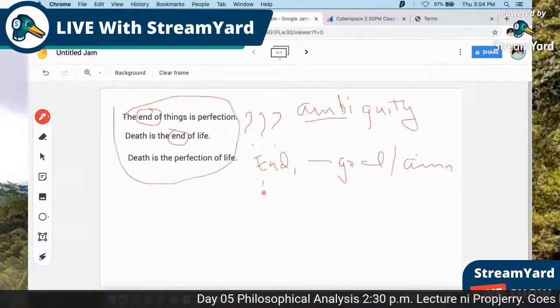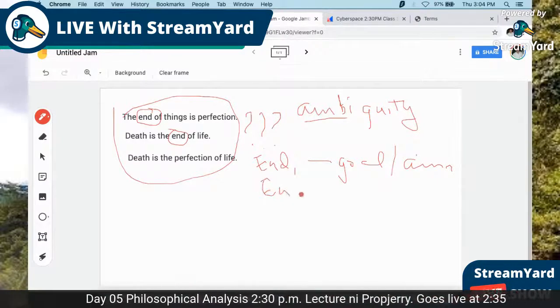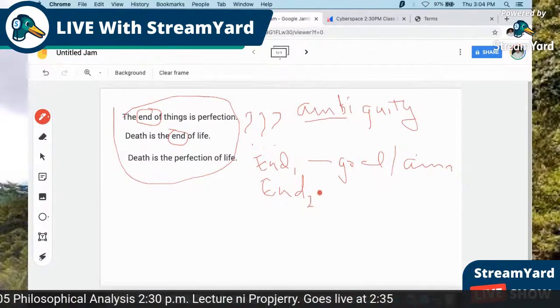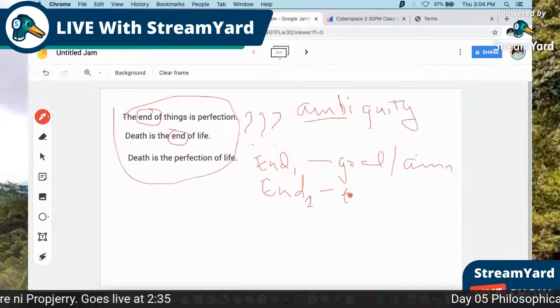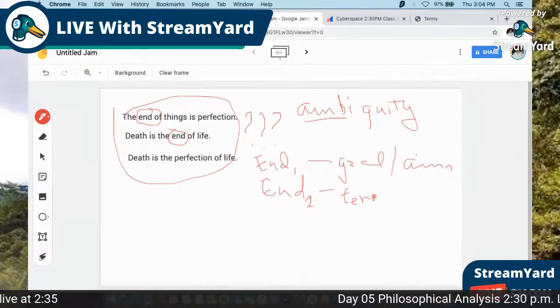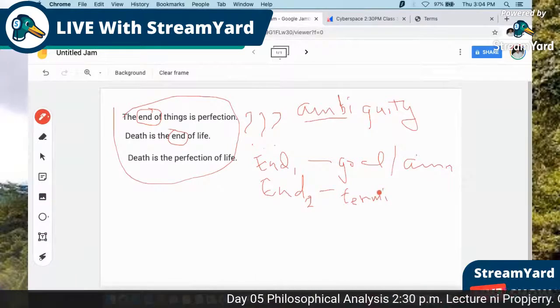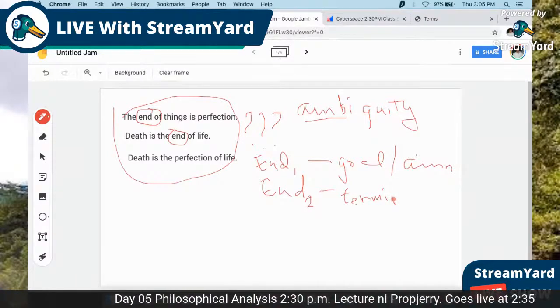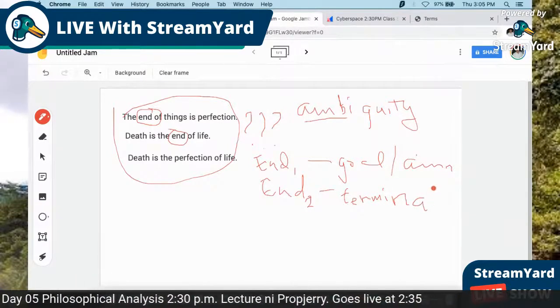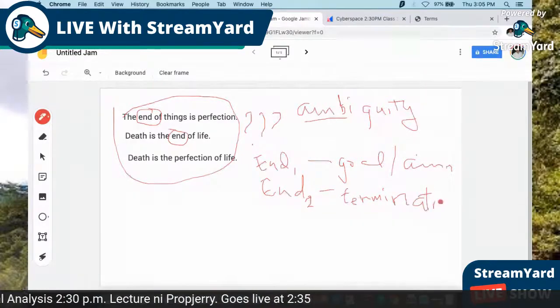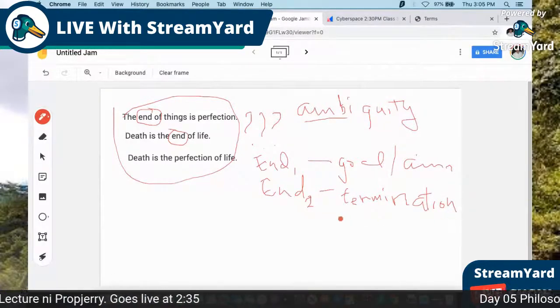In the second sentence, "end" is something else. "End" in the second sentence is termination. All right? Goal and termination may be similar, but they are not the same. Goal and termination are similar, but they are not the same.